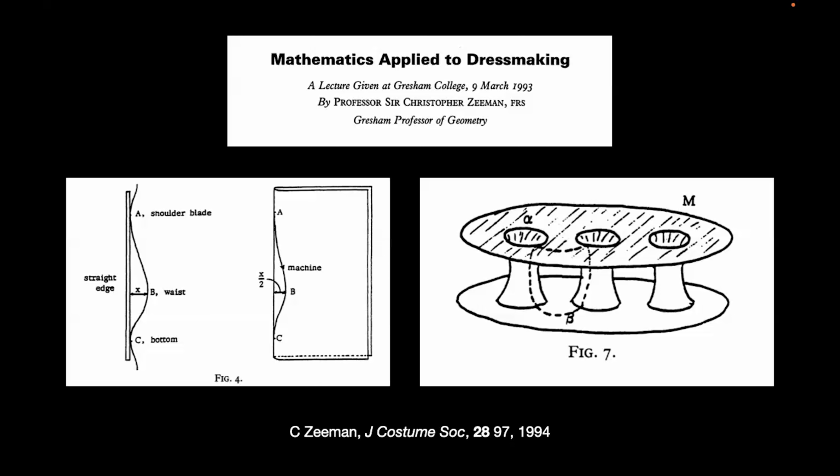So it turns out that real fabric, real seams, you cannot pass a seam through itself. So all of those instructions failed because the assumptions made in math were not the assumptions made in real fabric.